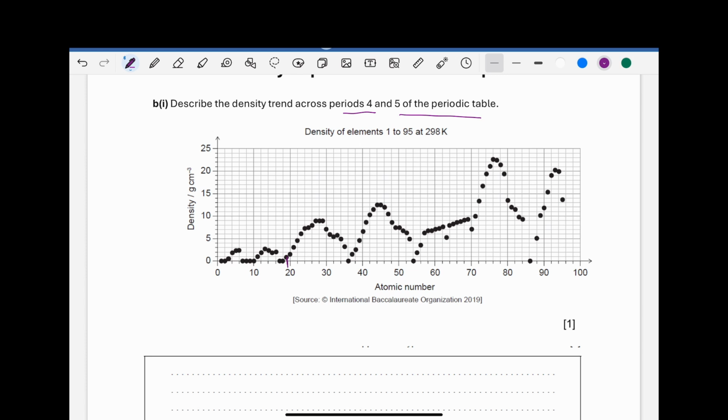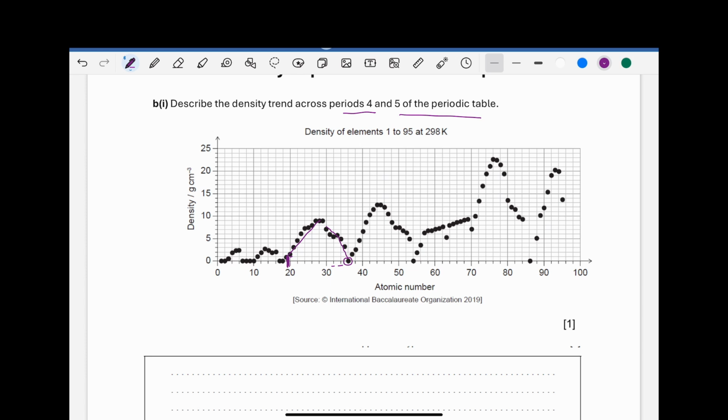So 19, around here we have 19. And period 4 ends at krypton, which is 36, so 32, 34, 35 and 36 here. So you can see it goes up and then it decreases.